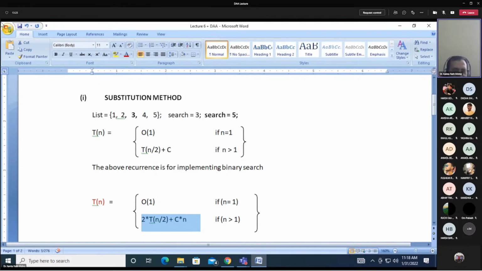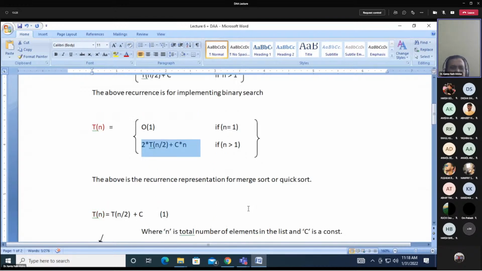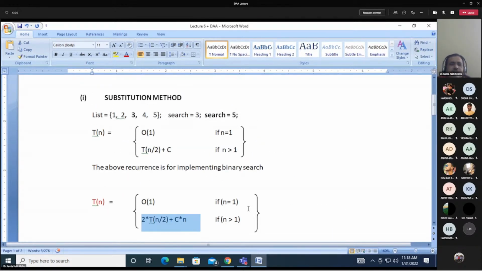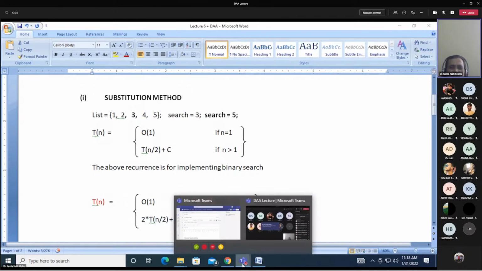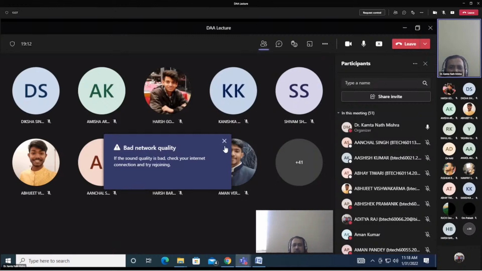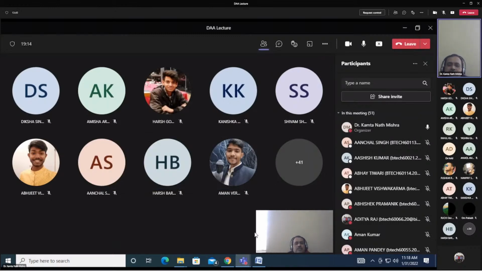So this is this type of recurrence relation. Can you give an example of this type? T(n) = 2T(n/2) + C, where C is a constant, or T(n) = 2T(n/2) + Cn. Previously it was for binary search, and this is for which case? Merge sort, quick sort.